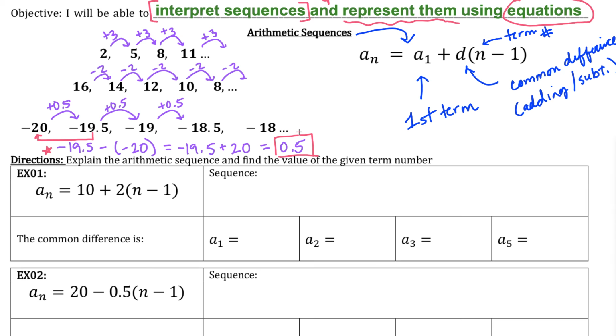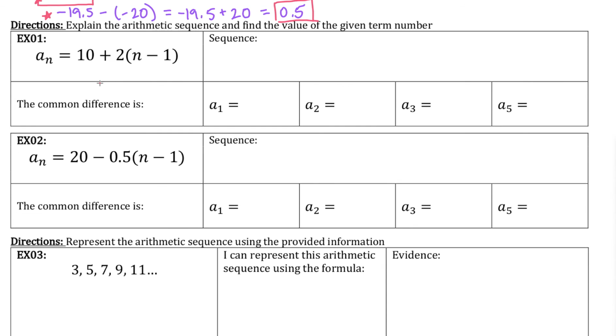I made the common difference in this color, and I'm going to make it in this color too. That way when we come down here, we could say that the common difference is plus 2, and we'll say that the first term is 10.